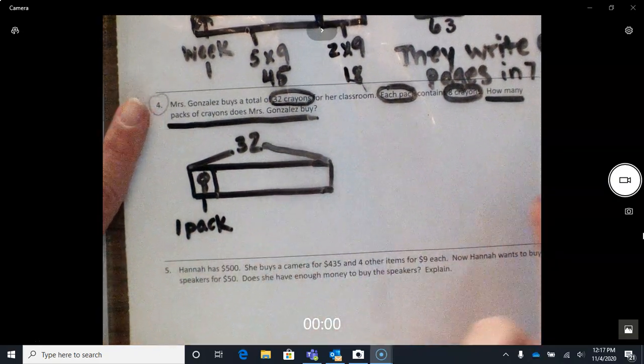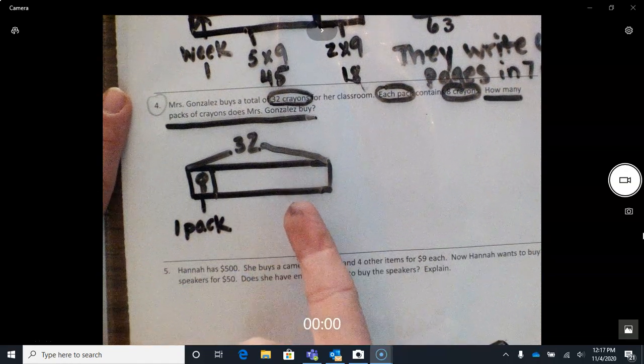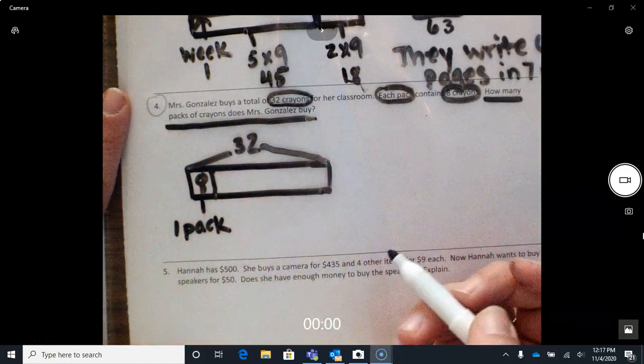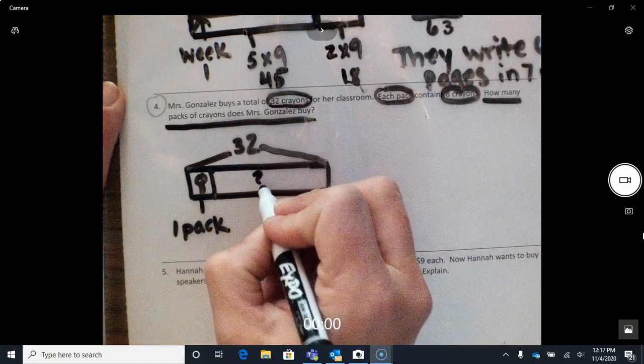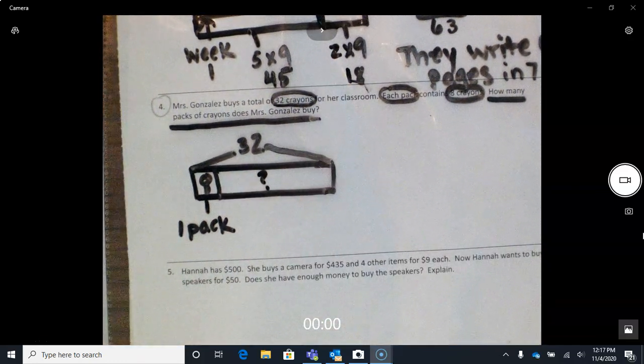But now I don't know how many packs are going to equal my 32. So I might put a question mark here. I don't know how many more packs I need to split that tape diagram into. I have no idea.